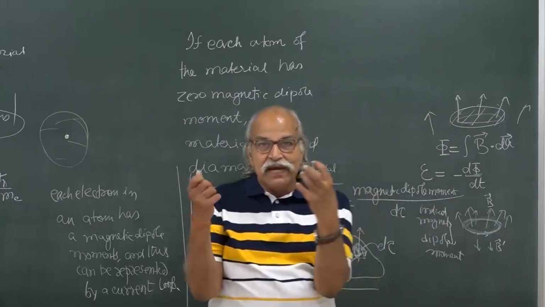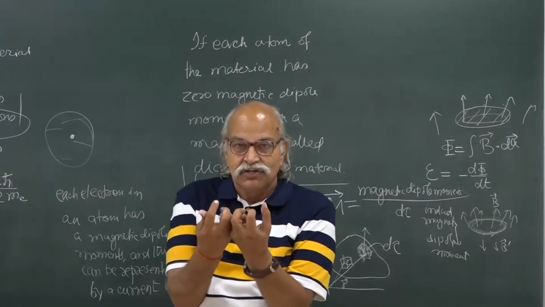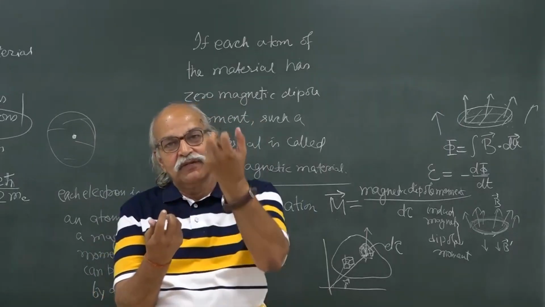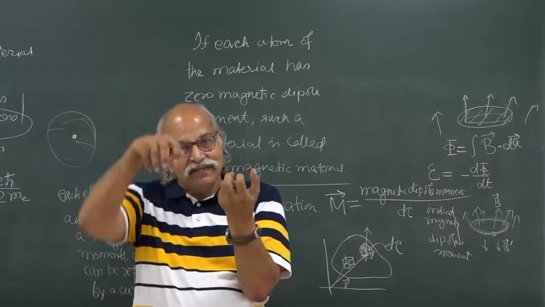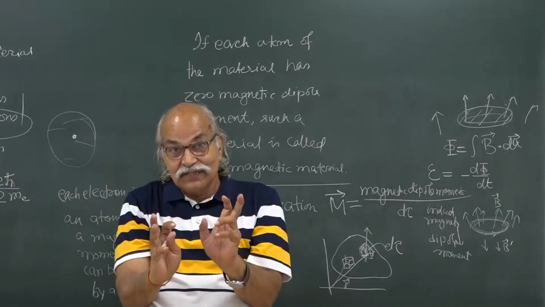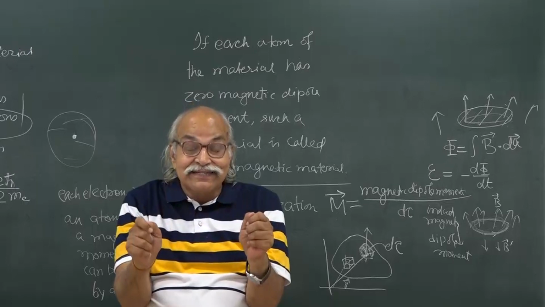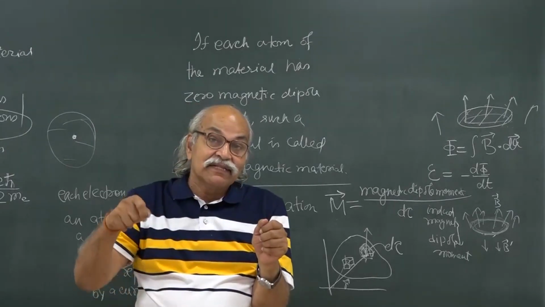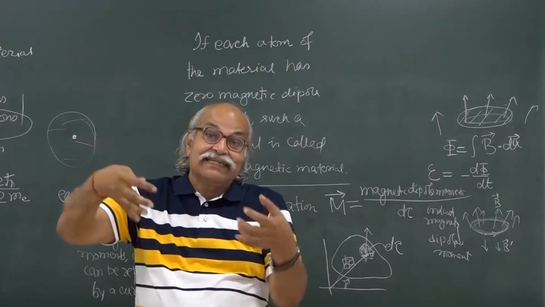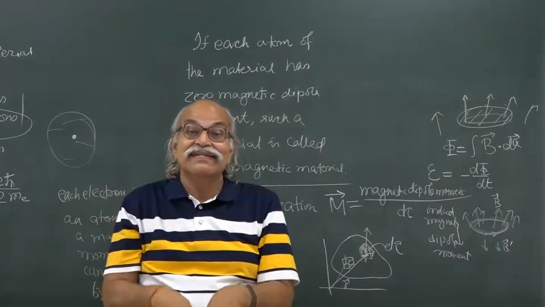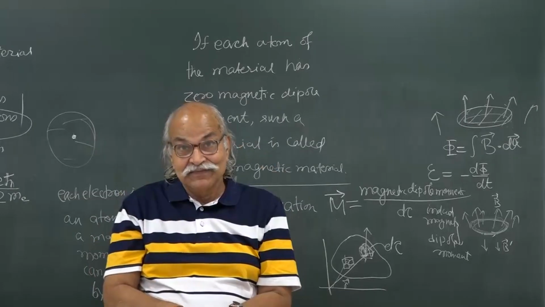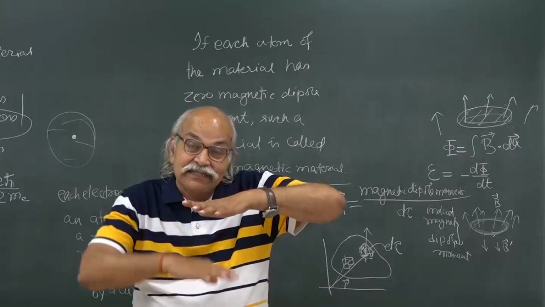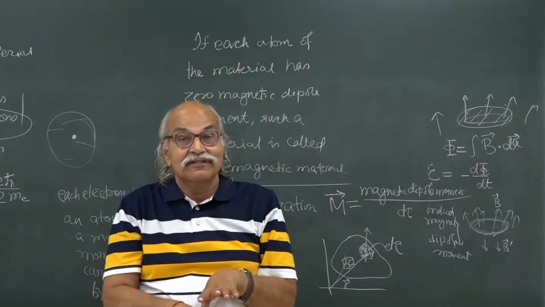So if you have paired electrons, in which one dipole moment was in the upward direction and the other in the downward direction, the total was 0. But for both these electrons, when this magnetic field is switched on, an extra magnetic dipole moment is created in the downward direction, and therefore the total, which was 0, will now be in the direction opposite to the magnetic field.